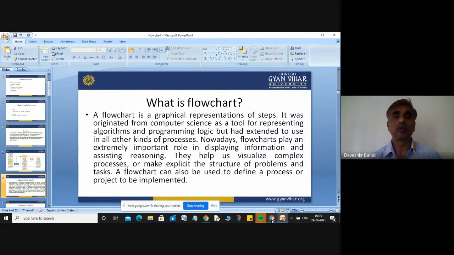In your flowchart, you just show all those instructions, which are in sequential order, in a graphical way. That is your flowchart. And through the flowchart, you can say this is the whole process for solving the problem, and your process will go from start to end.